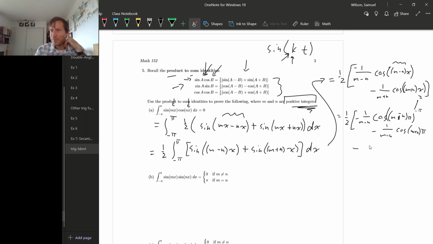Minus, and then we get exactly the same thing but with minus pi in here instead of plus pi. So it's exactly the same except it's minus pi instead of plus pi. But remember that cosine is an even function.